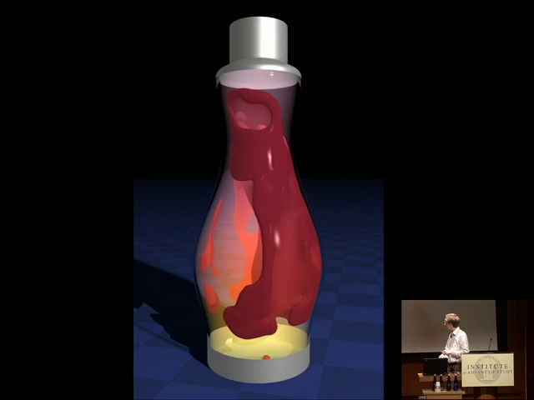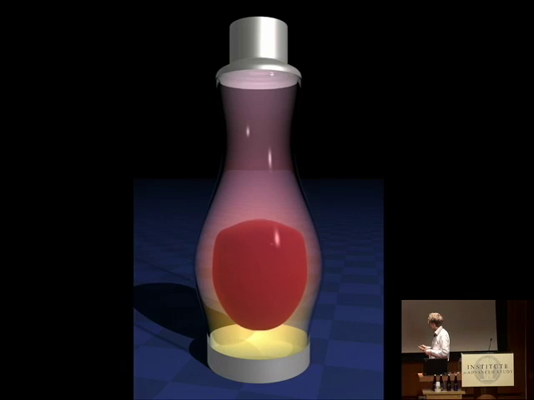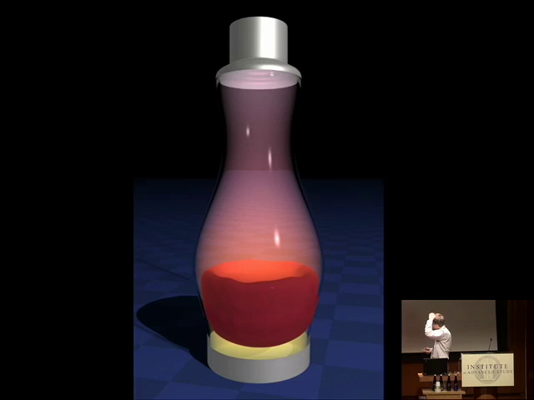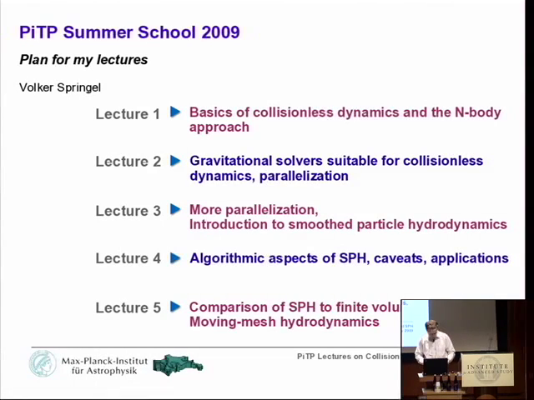And this is actually something that you can simulate with SPH quite nicely, because there you can actually achieve things like surface tension and prevent fluids from mixing quite easily, and I'll discuss this a bit more in my fourth lecture. And actually the high viscosity that you have in SPH compared to mesh codes is in a problem like this kind of an advantage. But this is, of course, just for fun.